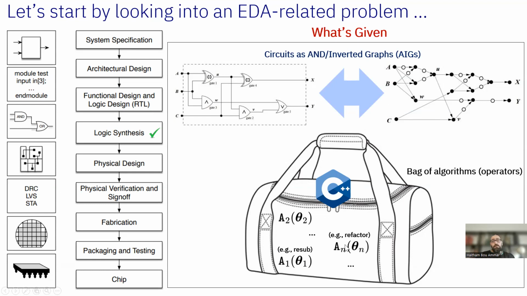And each of those operators comes with its own set of hyperparameters. So we have this AIG graph, and additionally we also have this bag of operators where I can take an operator and execute something on that graph. Each operator is C++ code, and they have a set of hyperparameters on top, like you provide these parameters to dictate what this operator is supposed to do.